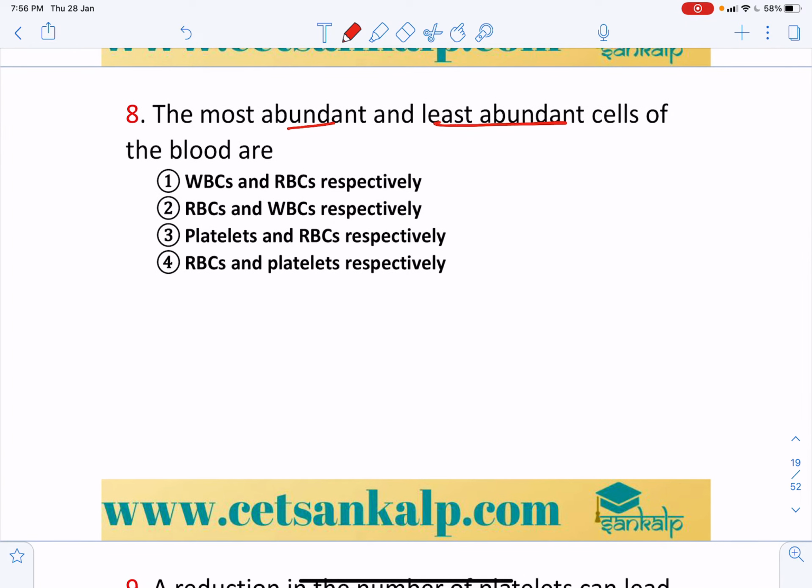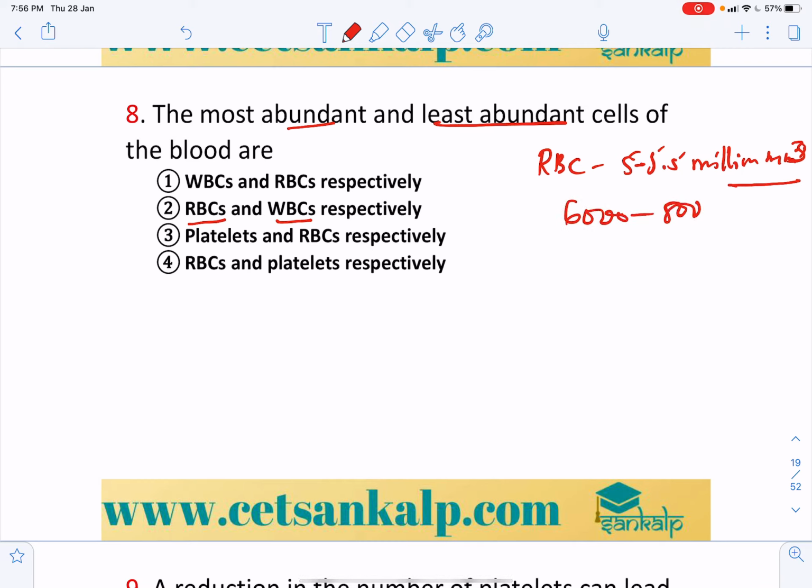We discussed that the most abundant is RBC, that is 5 to 5.5 million per cubic millimeter of blood. So RBC is the most abundant, and WBC is the least abundant, that is 6,000 to 8,000, very less.